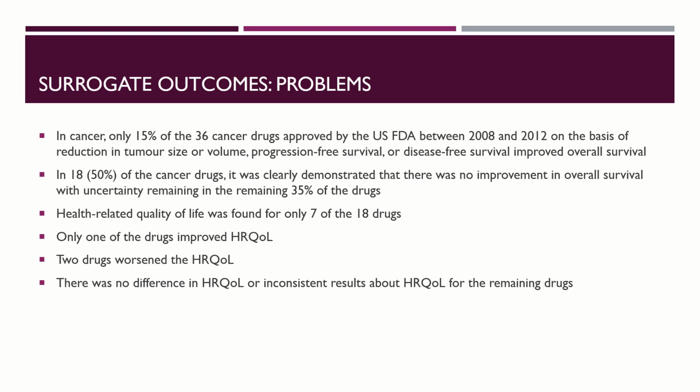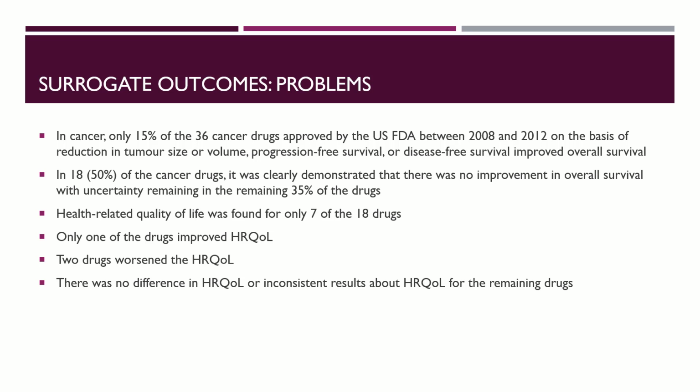In 18, or 50%, of the cancer drugs, it was clearly demonstrated that there was no improvement in overall survival, with uncertainty remaining in the remaining 35% of the drugs.